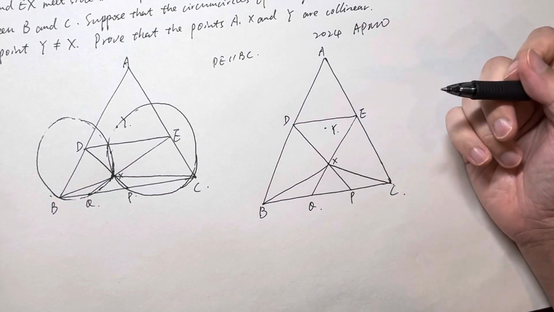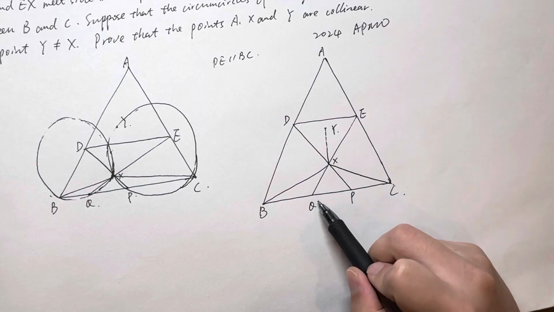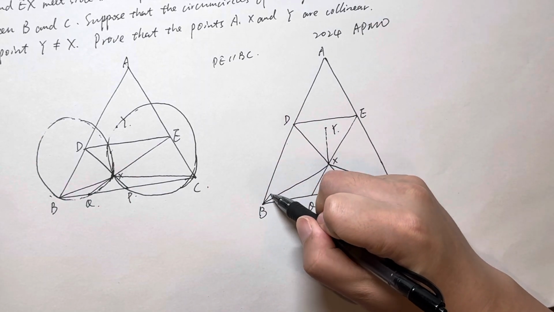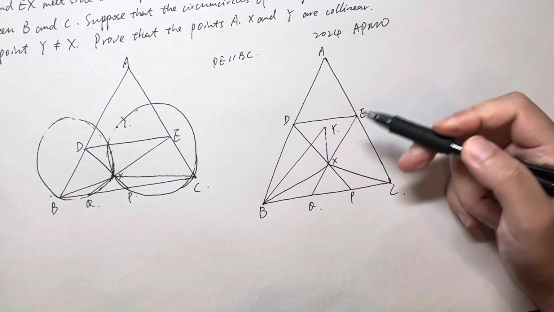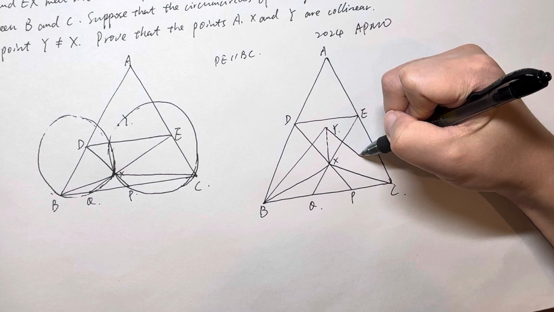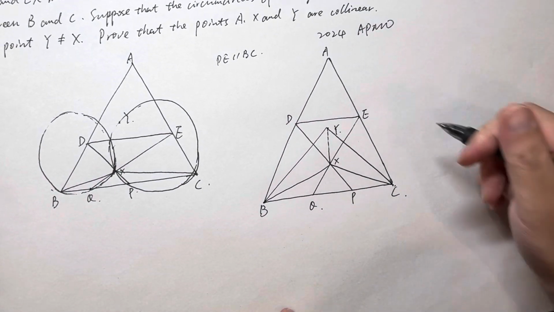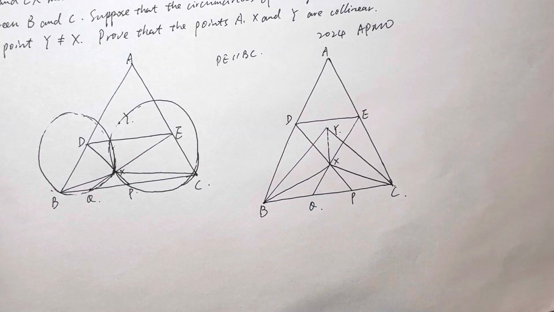Basically, what we have here is that we know BQXY are cyclic, and we know CPXY are cyclic, right? That's what we know here. And we want to prove that A, Y, X are collinear.